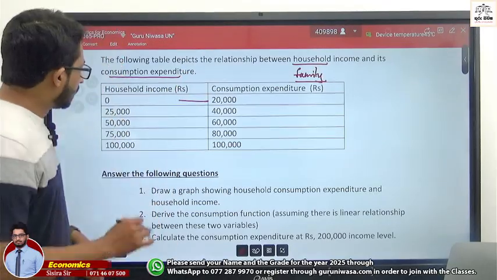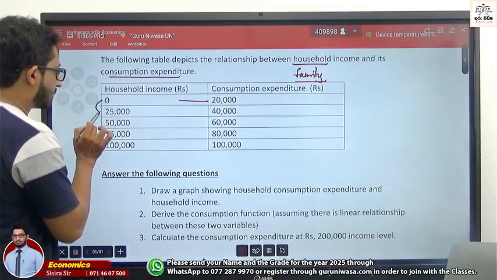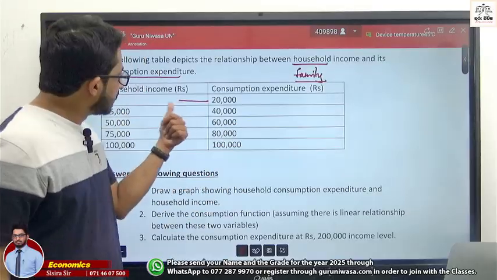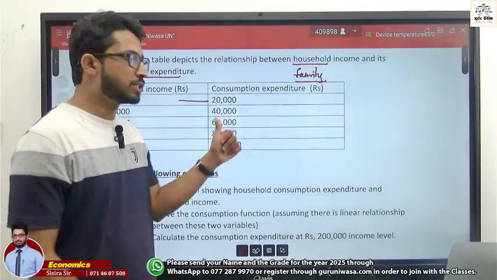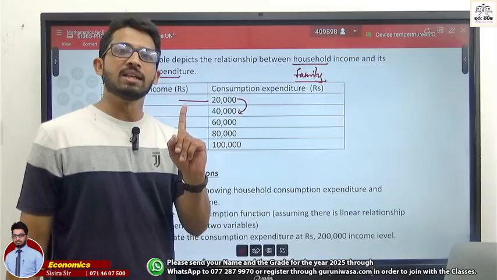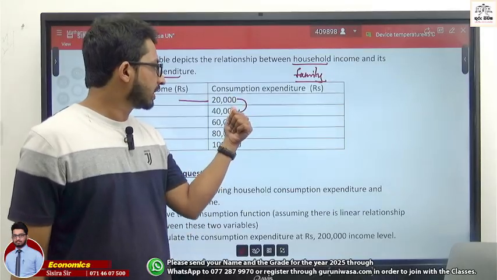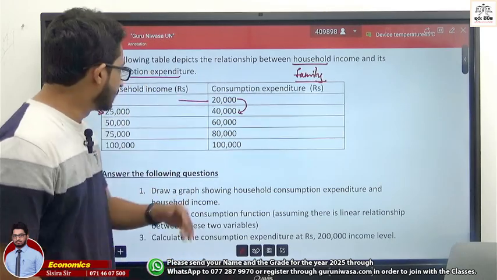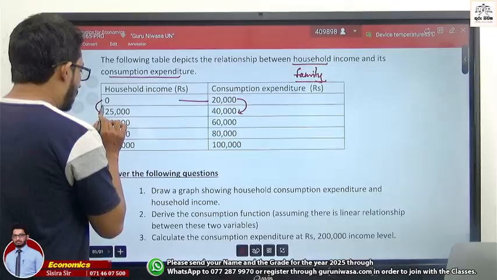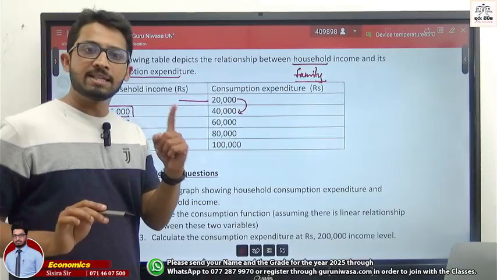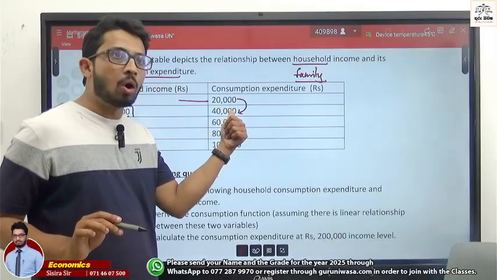Now you can see income rises to 25,000. When income increases to 25,000, what happens to consumption expenditure? It increases from 20,000 to 40,000. In other words, when households earn 25,000 income, they spend 40,000 on consumption.